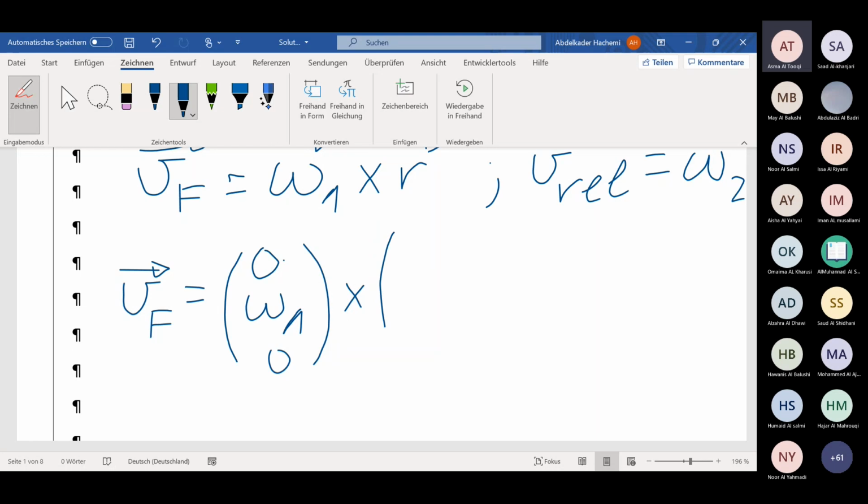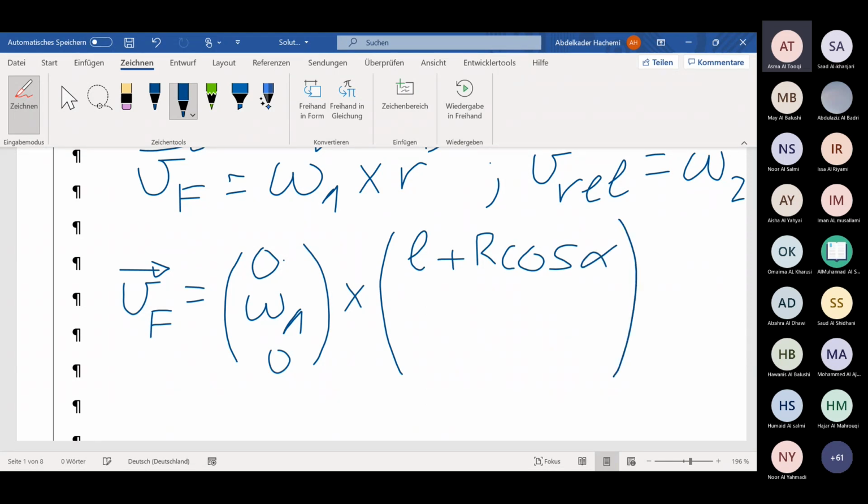Now I take the position of P. In x direction, relative to the coordinate system x, y, and z, there is the distance L plus R cosine alpha.